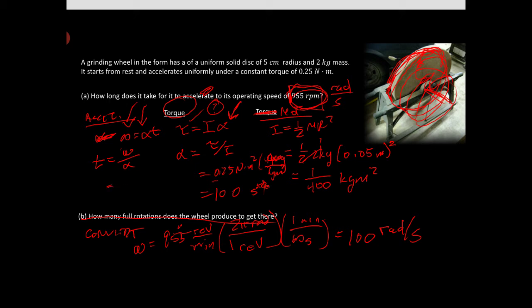So that gives us 100 radians per second, so 1/s over 100 1/s squared, which is equal to 1 second. So it'll take 1 second to speed up to 955 RPM with 1/4 of a Newton meter torque.